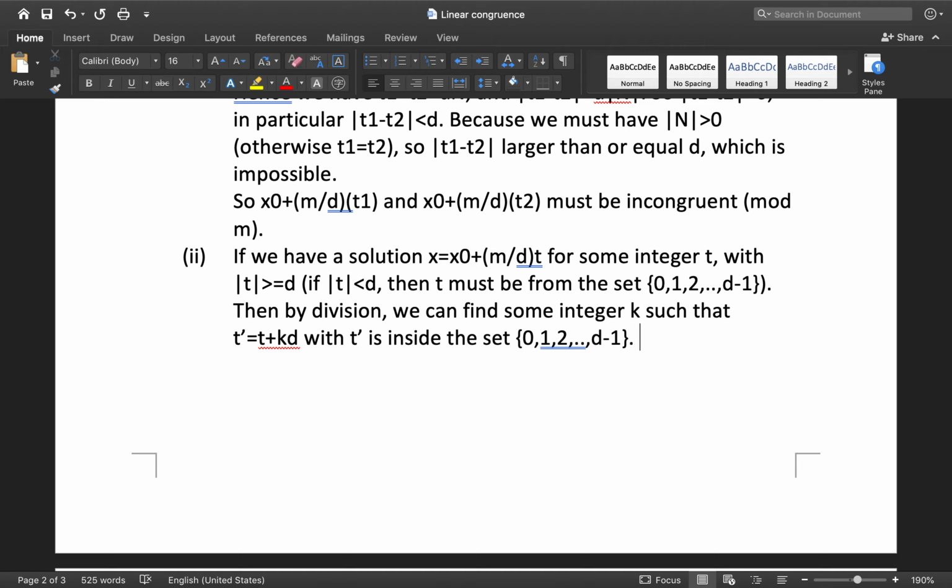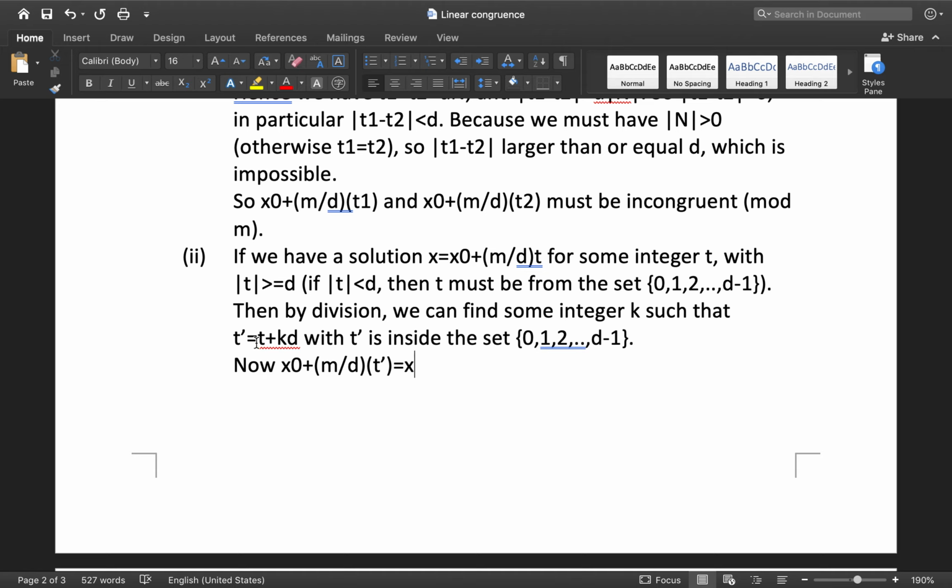Now why do you have to do that? Because now, of course, you just check what happened. Now this number, that's m over d times t prime. Now you put it back using this relation.